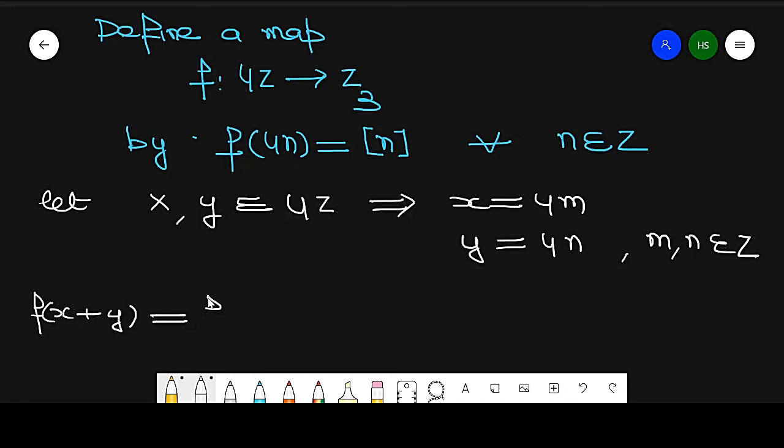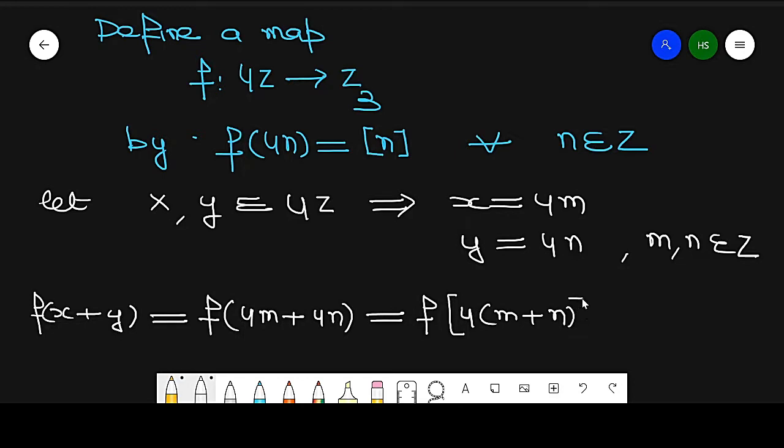Because it is addition, f of 4 times m plus 4 times n. So what is this? It is f of 4 times m plus n, right?